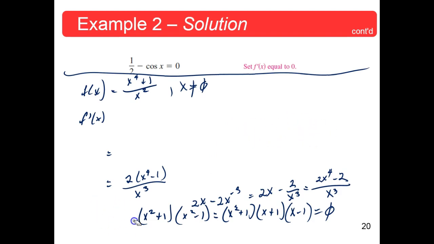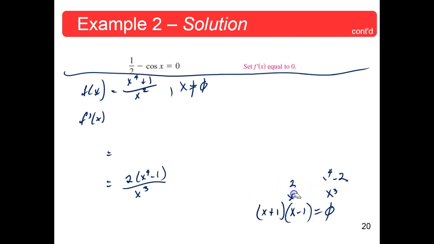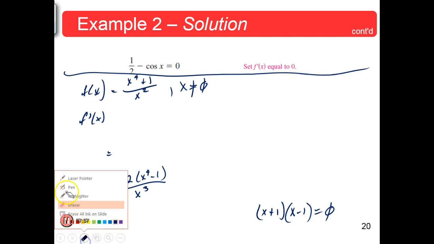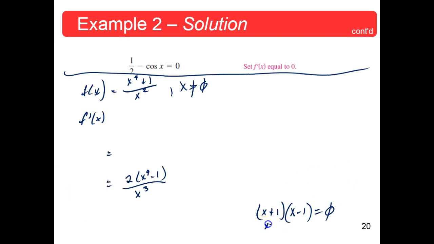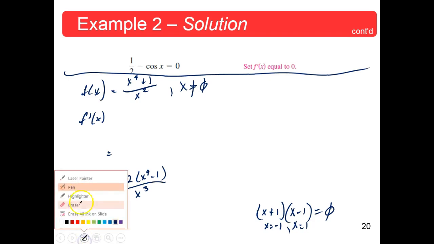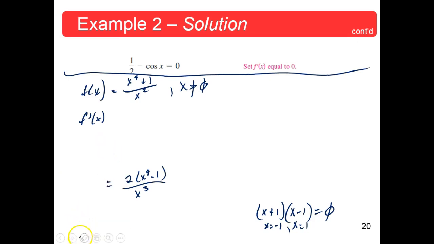Okay. And I'm also going to leave only the pertinent parts here, which yield x equal minus 1 and x equal 1. Okay? I know that's scattered all over the place, but we'll live with it, right?